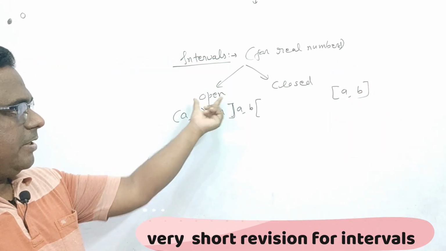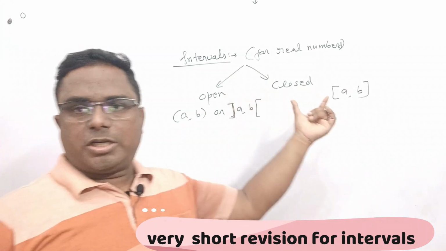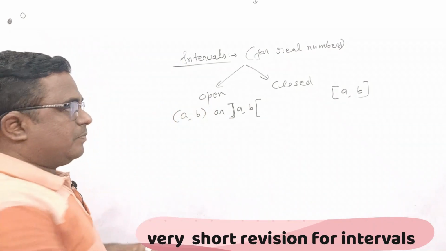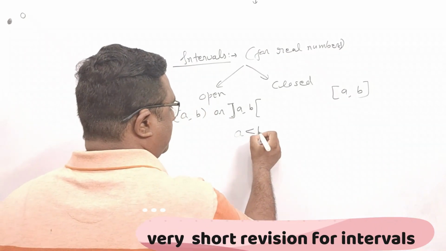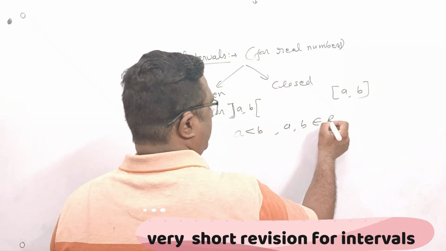So open interval (a, b) can either be denoted by this format or by this format, but closed interval [a, b] is denoted by this format. Here a is less than b and a, b belong to real numbers.